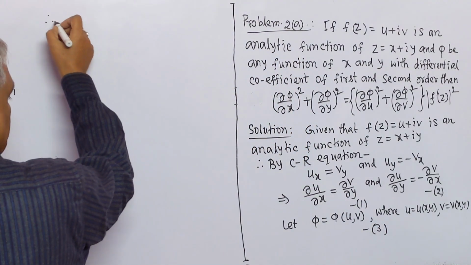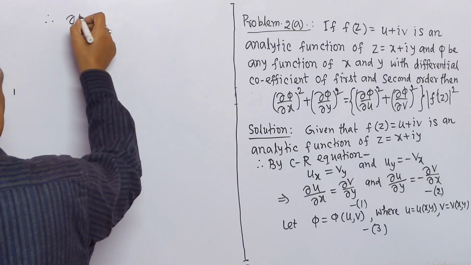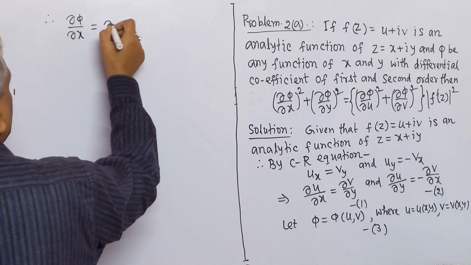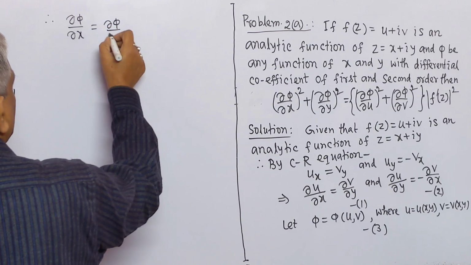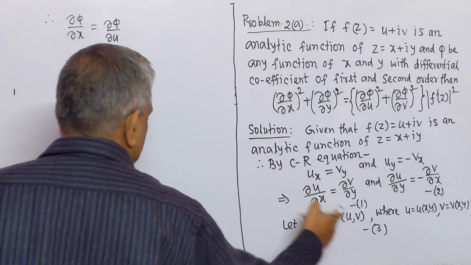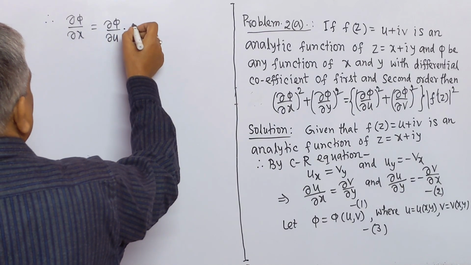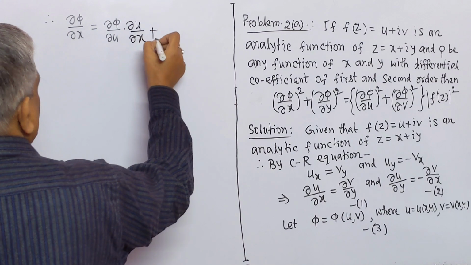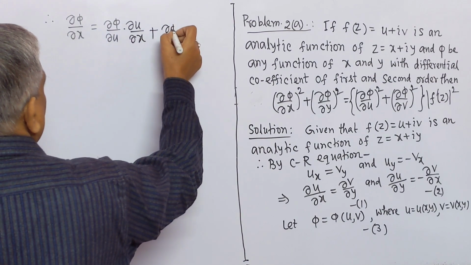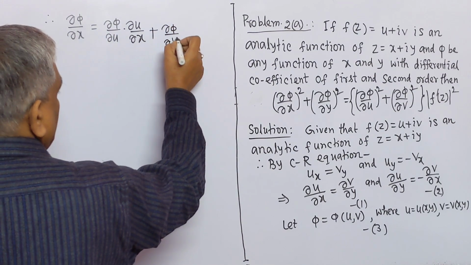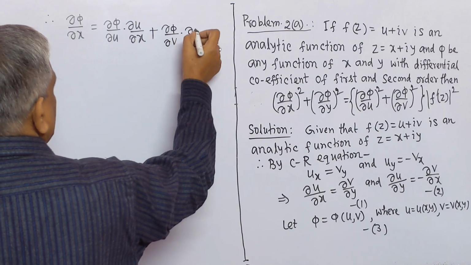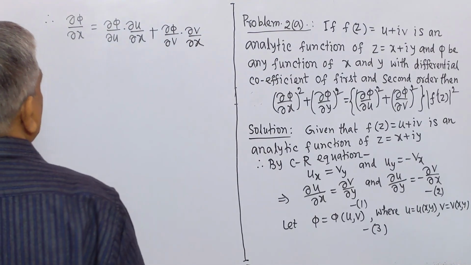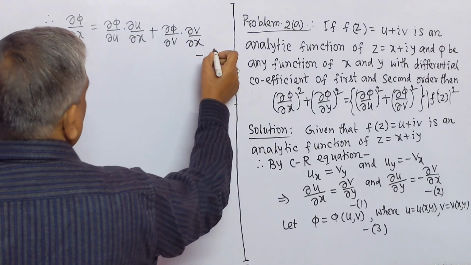Therefore, the partial derivative of phi with respect to x equal to the partial derivative of phi with respect to u multiply the partial derivative of u with respect to x, plus the partial derivative of phi with respect to v multiply the partial derivative of v with respect to x. This is number 4.